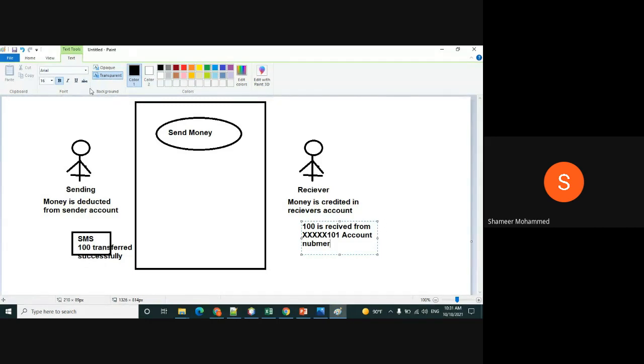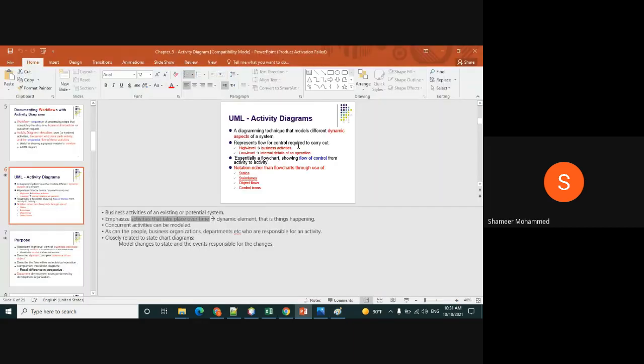These are the events happening, dynamic events. When you send the money, it is deducted from here, and here money is credited. Both persons will get a message, maybe an email also. So these are nothing but the dynamic behavior of a system, and that can be represented using this diagram.